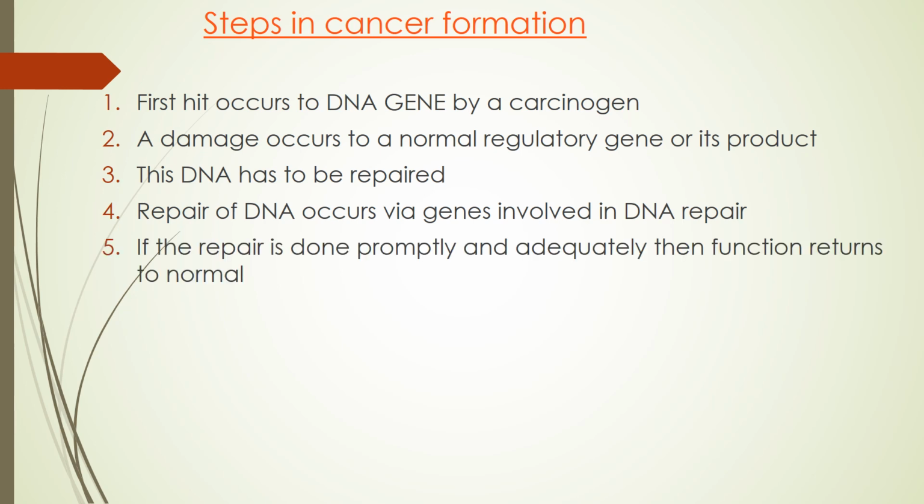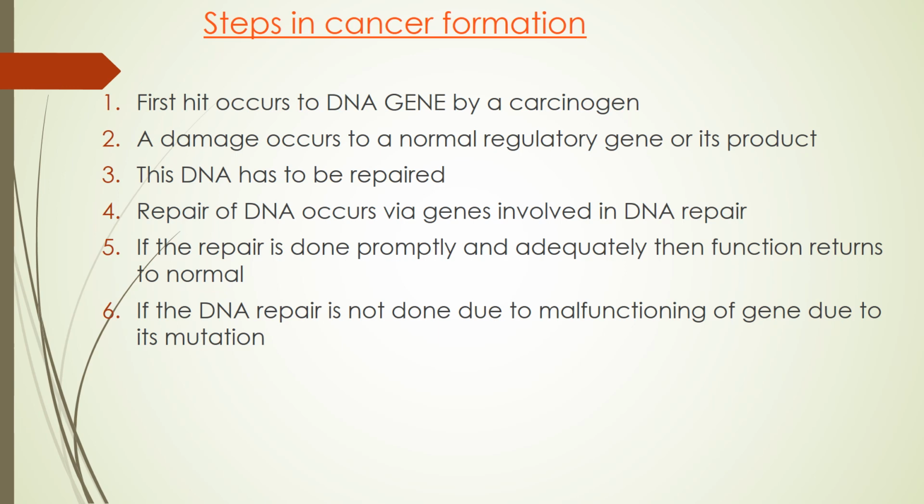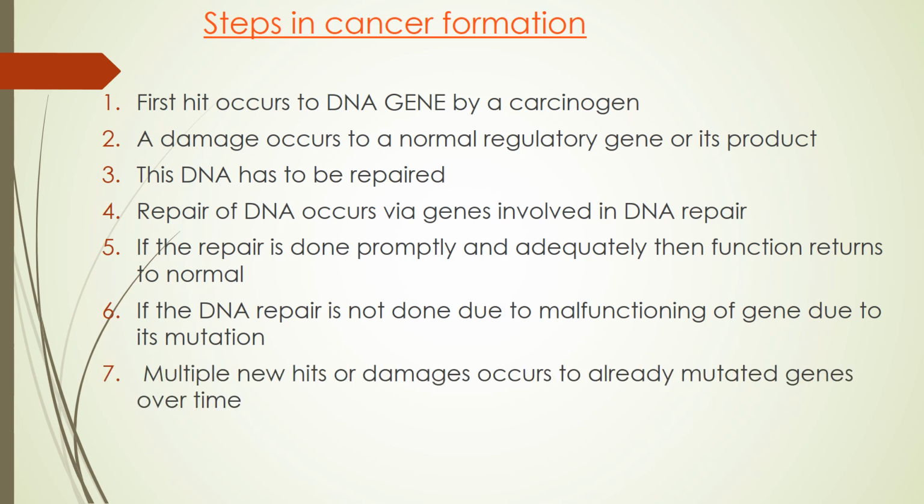If the repair is done promptly and adequately, then function returns to normal and no abnormality occurs. But if the DNA repair is not done due to malfunctioning of the genes, that is, there is a mutation in the genes causing repair function, and they are abnormal, then this DNA damage remains there and is not repaired.